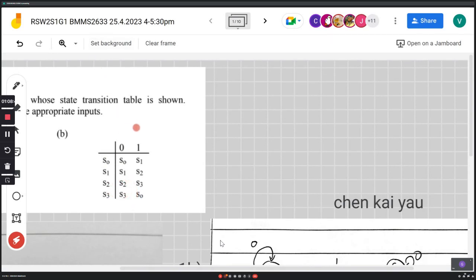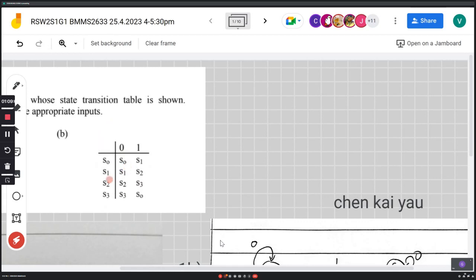Okay. If you start from S1 for 11100, then you have 1 here, come here, 1 here, come here, 1 here, come here, 0, 0. So for S1 the answer is S0.